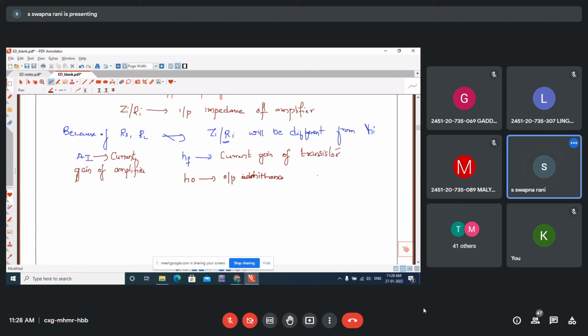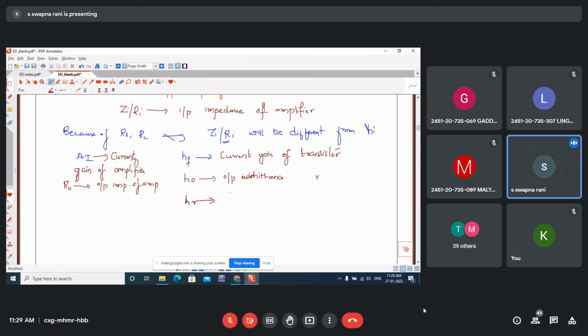transistor, whereas here R naught is the output impedance of the amplifier. And what is left? HR.